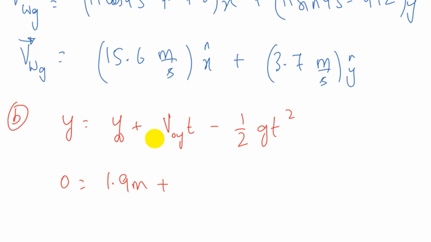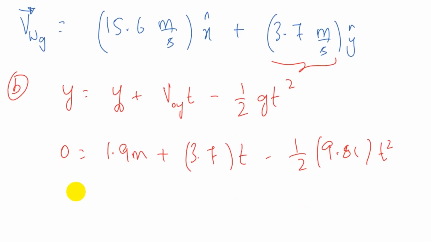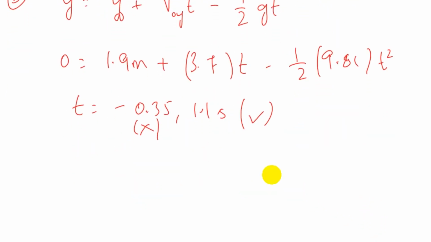V naught y is the vertical component of water, which is this 3.7. So 3.7 multiplied with t minus 1 over 2 g, 9.81 times t square. Now it's a quadratic equation, so you can use a calculator to solve this equation, and we'll get the value for time to be negative 0.35 and 1.1 seconds. So this value is neglected, this value we will take. So time taken by the water to reach the ground is 1.1 seconds.